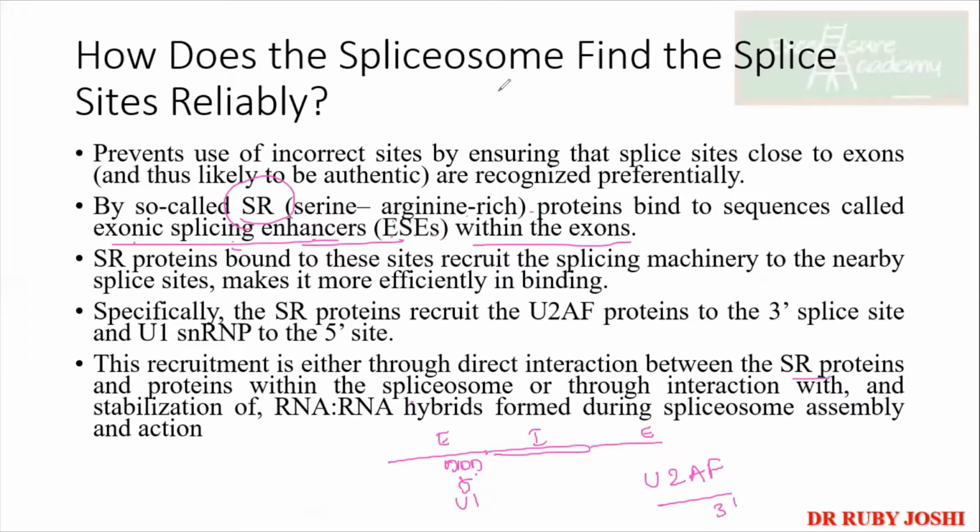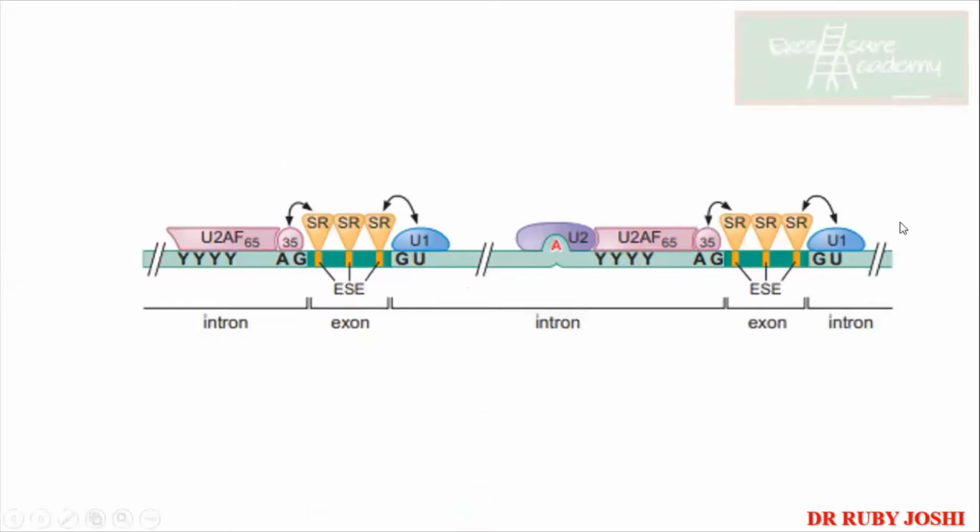So let's see how these SR proteins are helping. Look in the figure. Now you can see that we have got the exons and introns. Okay. Now, what do we see over here? In the exonic region itself, you have got the exonic splicing enhancer units present, right? So to this only the SR protein, serine arginine rich proteins, are binding.